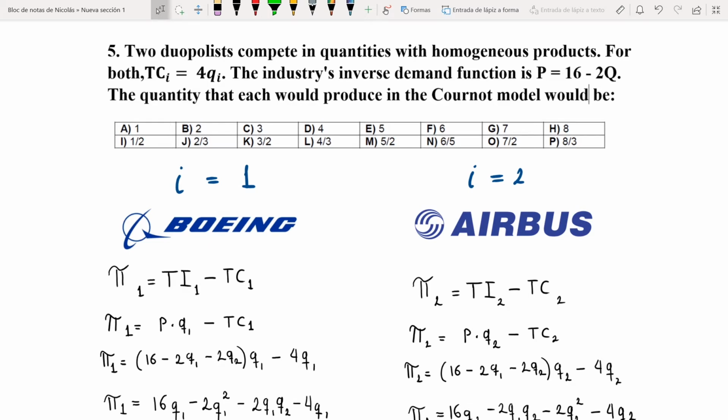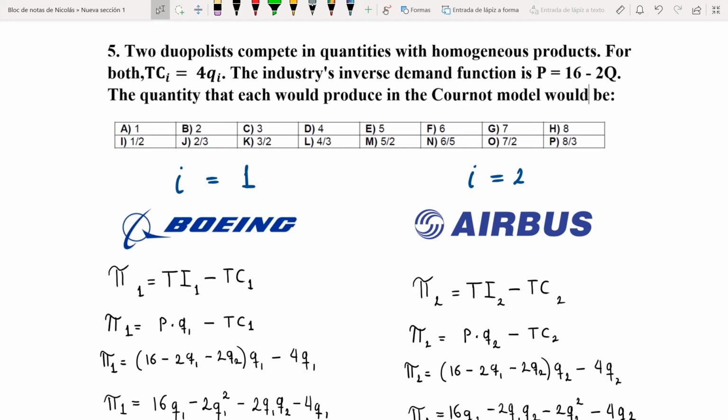For both, total costs equals 4 times Q. The industry's inverse demand function is price equals 16 minus 2 times Q. The quantity that each would produce in Cournot model would be, and they give us a bunch of possible answers from which we'll have to decide.